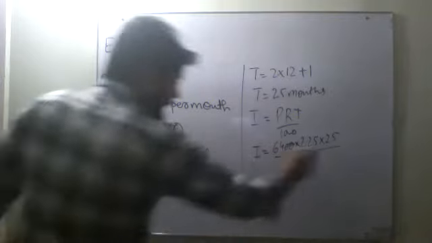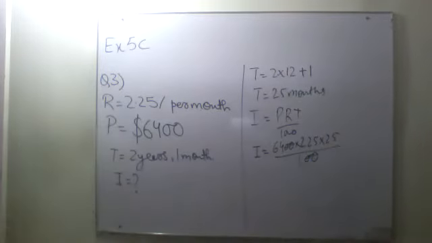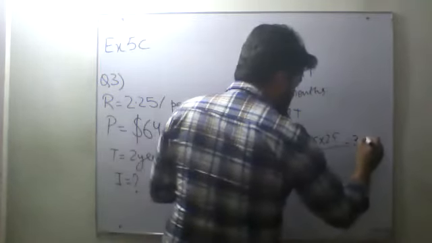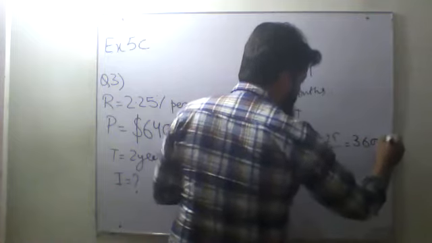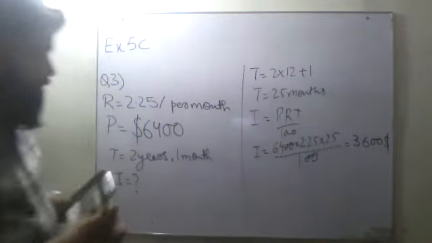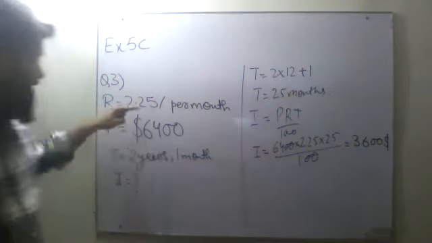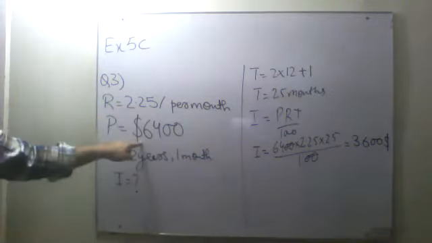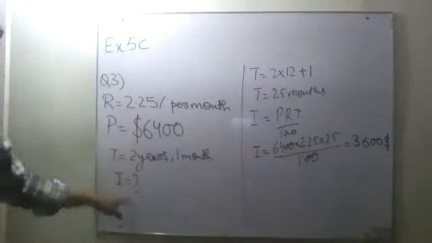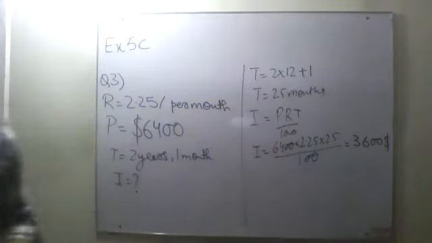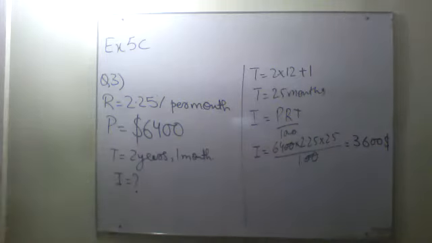I will multiply all of them to get my answer. And when I have multiplied it, my answer is coming $3,600. Okay. So when this percentage is given on this principal for this time, the interest value is coming $3,600.